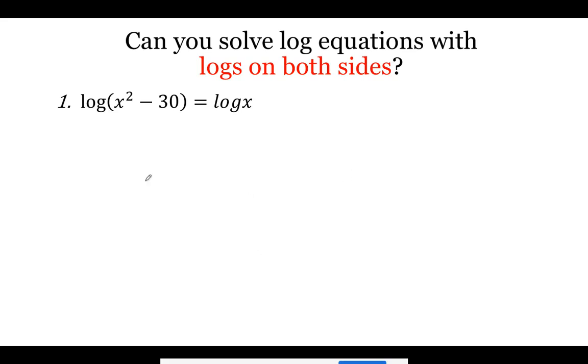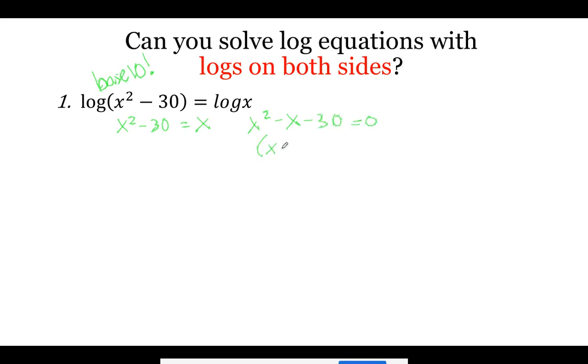Remember, once you simplify it into a single log on both sides, you can ignore the log as long as they have the same base. What's the base here? Base 10. So they're both simplified, so their arguments must be equal. So x squared minus x minus 30 has to equal 0.